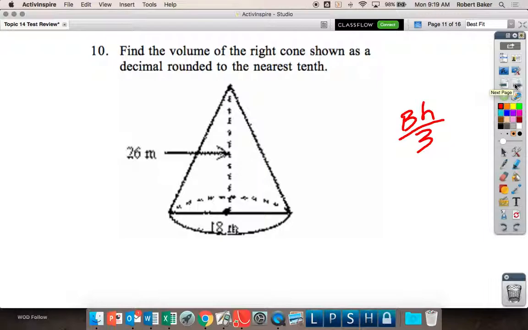Find the volume of this cone. The diameter of the bottom is 18, which means the radius is 9. So the area of the base, pi r squared, times the height of the cone, divided by 3. So it's pi times 9 squared times 26, all divided by 3, which will give you the volume of the cone.